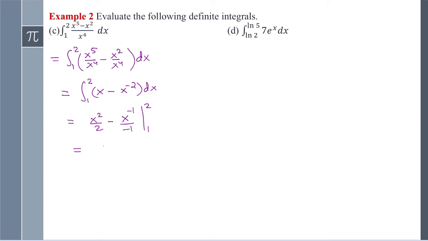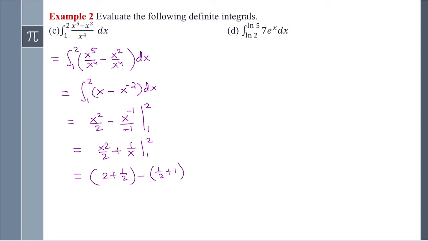So this is the same as writing x squared over 2 minus, that becomes plus actually because we have negative and negative, it's 1 over x. We go from 1 to 2. Now when we plug in 2, 2 squared is 4 over 2 is 2 plus 1 over 2, minus, when I plug in 1, I get 1 over 2 plus 1 over 1 is just 1.